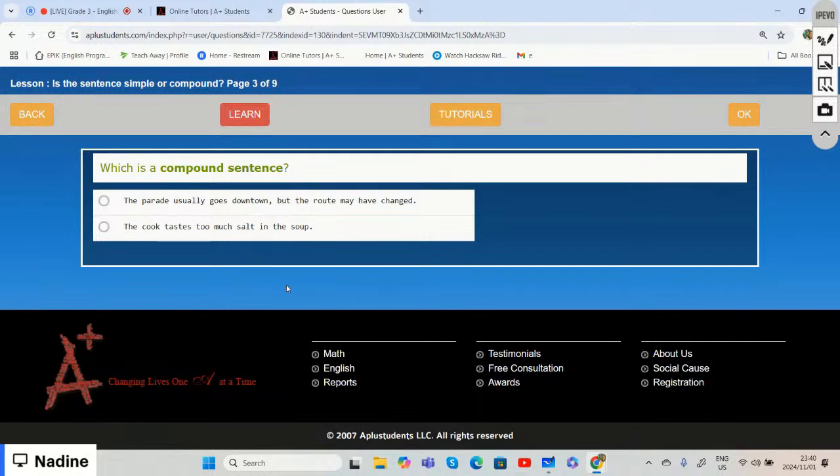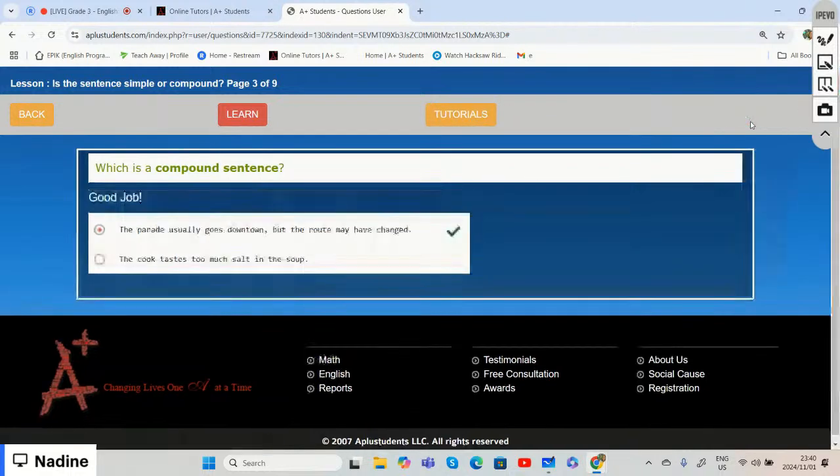So that is our compound sentence. We have our two simple sentences in option one, joined by the conjunction, which is but. Option one is correct. Well done.